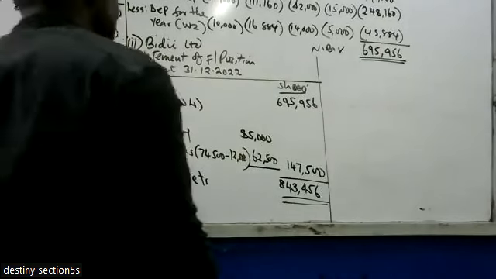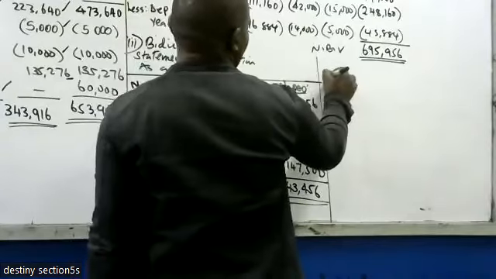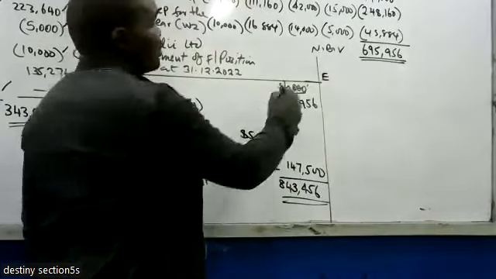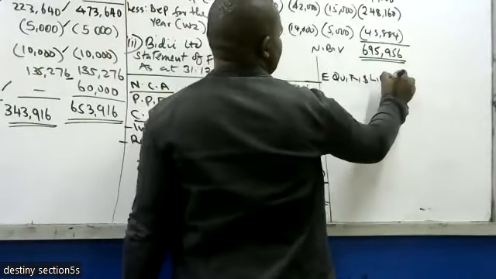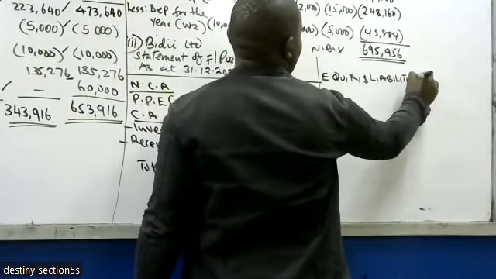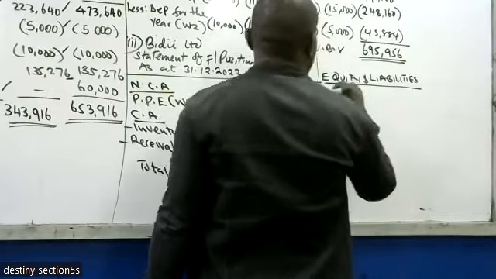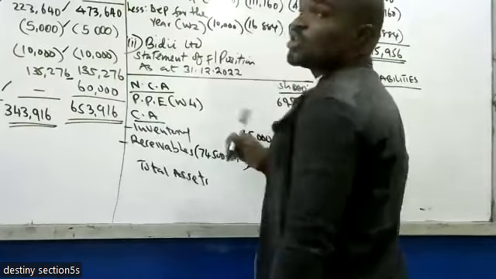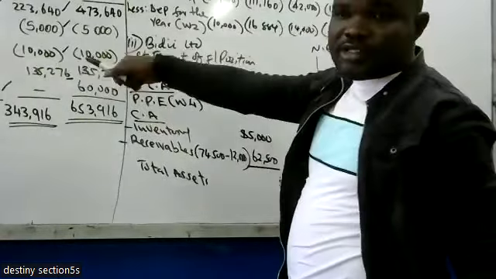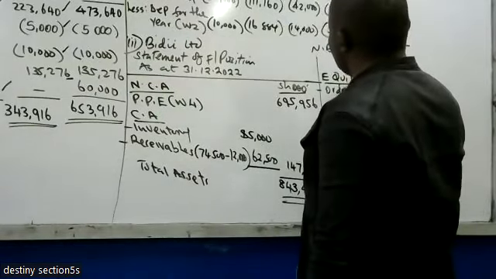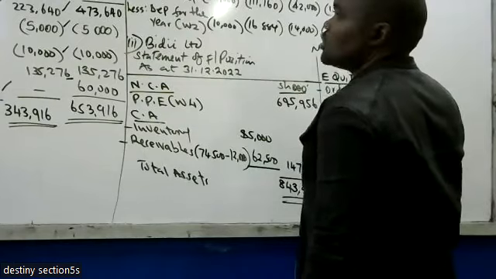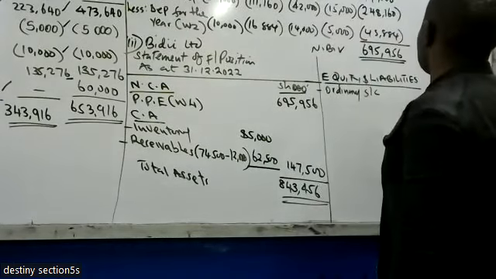Equity and liabilities. You proceed down there. So just pick them. Check the statement of changes in equity, the way they are appearing there. So ordinary share capital, total is 240.